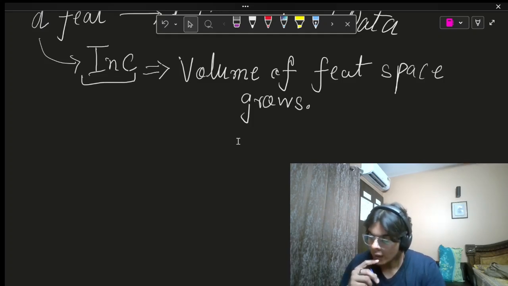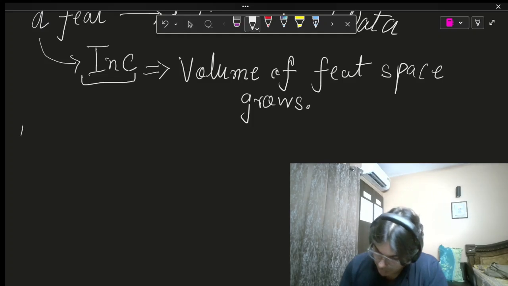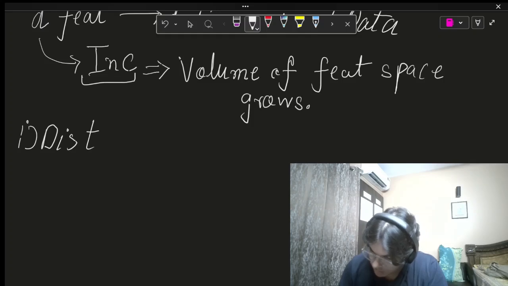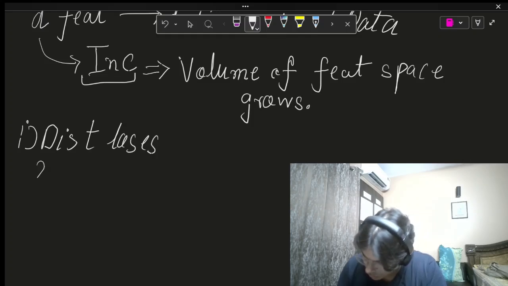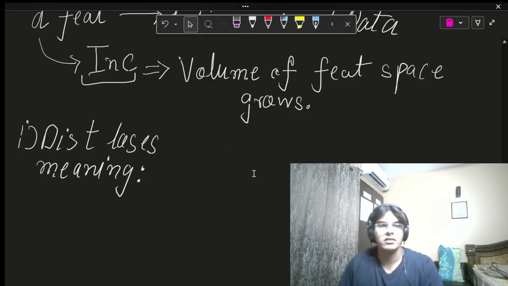If we are talking about the disadvantages, let's first talk about the primary one, which is that distance loses meaning. What does this mean? Let me get back quickly to the diagram so this can be clarified.